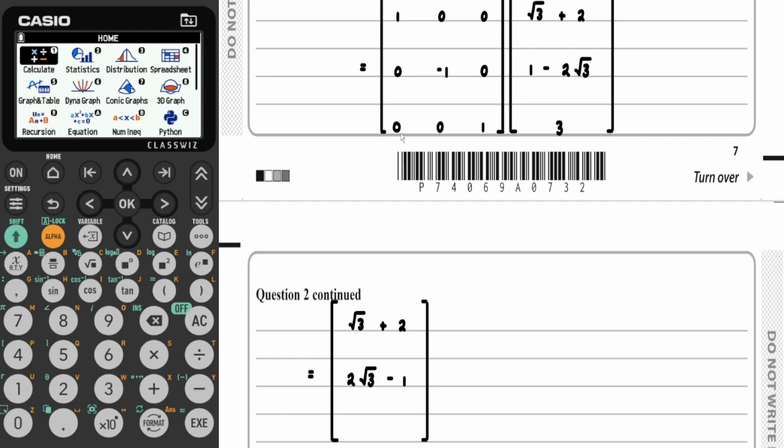And then we would have 0 times root 3 plus 2 plus 0 times 1 subtract 2 root 3 plus 1 times 3, which is 3. And that certainly is the point B.